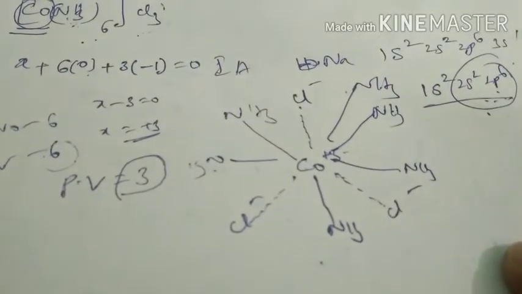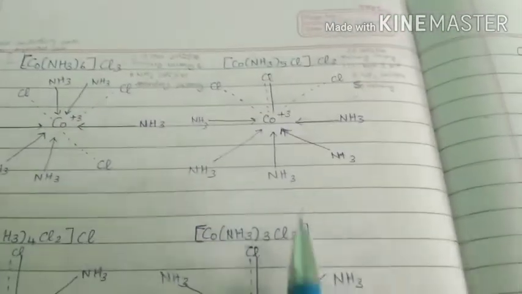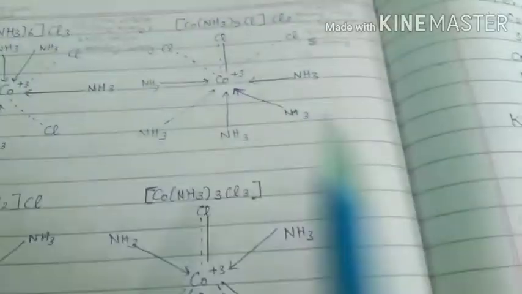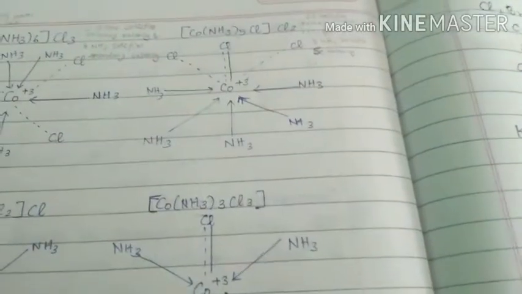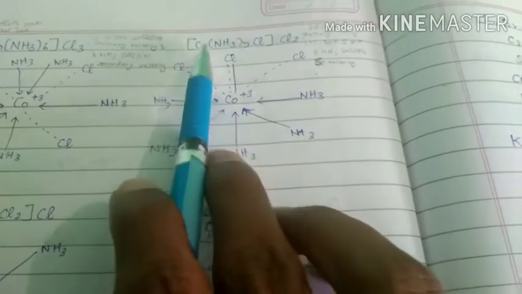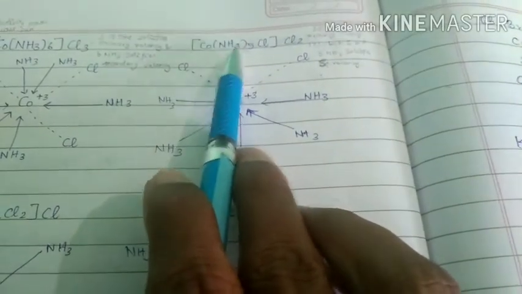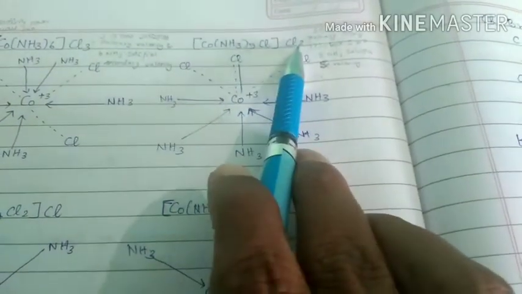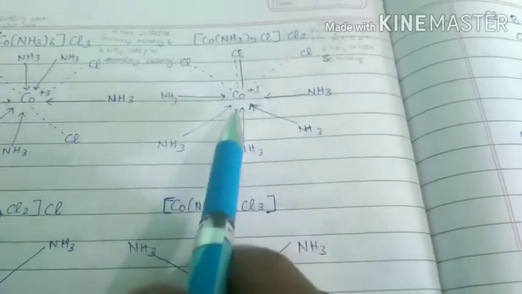Next structure. When we consider one more structure, Co(NH3)5Cl Cl2. In this case, here also the oxidation state is plus 3, because this is x, this is 0. Here chloride is minus 1, and here minus 1 into 2. Total here also plus 3.